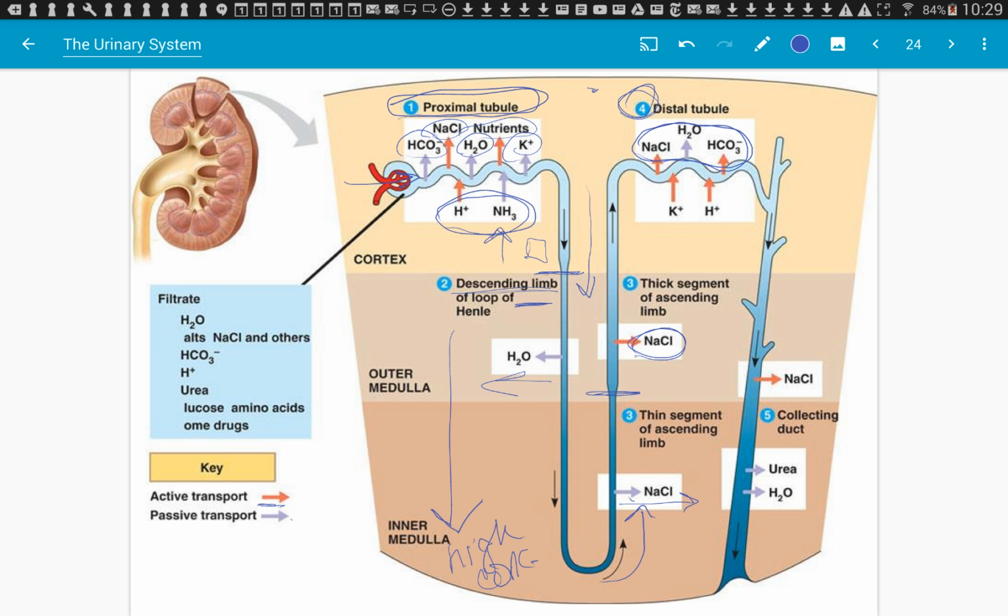Okay? And then you are also pumping potassium ions and hydrogen ions into the distal convoluted tubule. This all eventually will come together and make sense. Promise. So by the time that filtrate reaches the collecting duct, you have a pretty good urine formation.